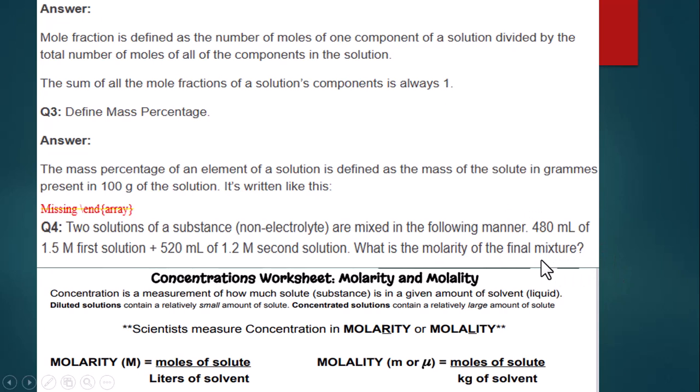We are just mixing the two, just as you would be asked a question when you are preparing juice. You have 480 milliliters of water with 1.5 concentration, and then you have 520 with 1.2 concentration, and then we are asking what is the final molarity of this.